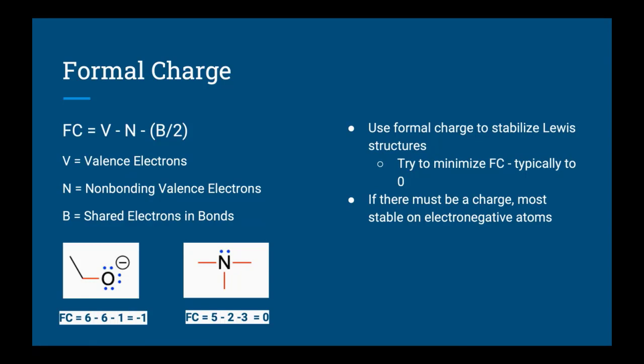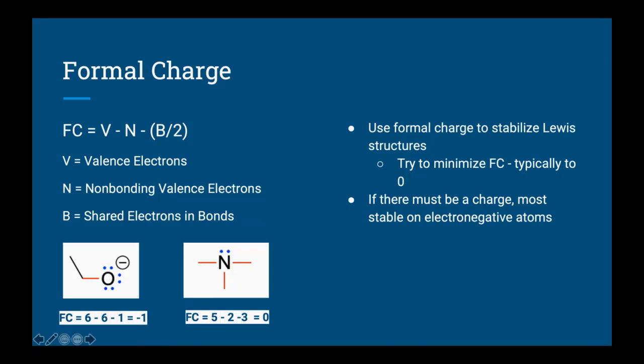So the way I like to do it is I like to first check what group an element is in on the periodic table. That typically helps me figure out how many valence electrons. For example, I know that carbon has 4 valence electrons because I believe it's in group 14. And based on that, I can say that my V value is 4.